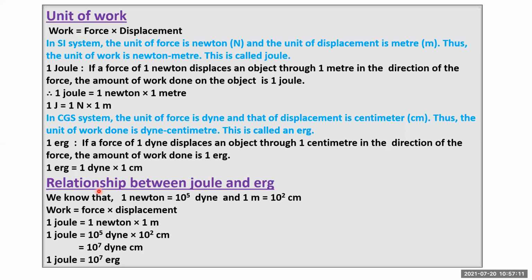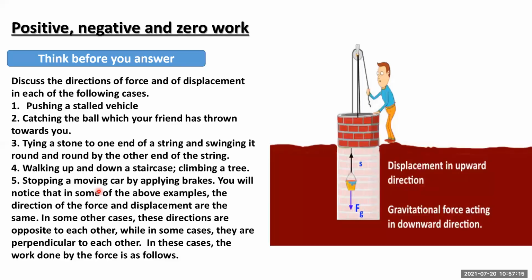Okay. Now, positive work and zero work. Discuss the direction of force and displacement in each of the following cases. On the basis of the direction in which force is applied and displacement occurs, we can differentiate work done into positive, negative, and zero work. Okay. Pushing a stalled vehicle.